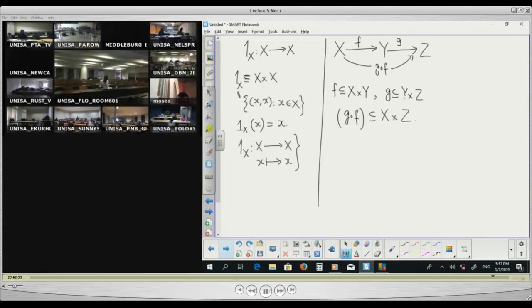(x, G of f of x). Remember your F was this, your G was this, so this is your G composed F. So we write therefore G composed F evaluated at x is G of f of x.